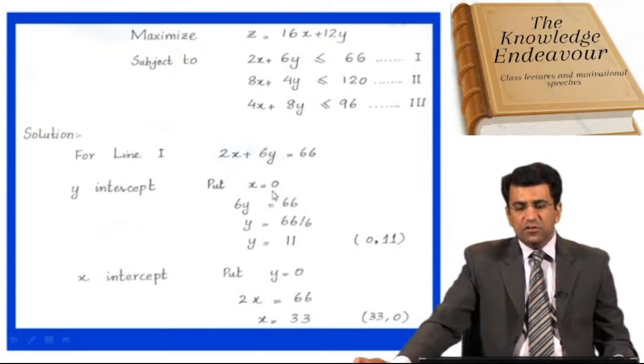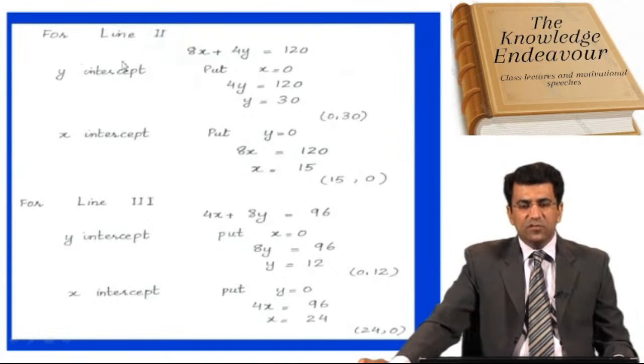If you put x is equal to 0, we will get y is equal to 11. If we put y is equal to 0, we get x is equal to 33. So we get the 2 points, that is 0, 11, the y-intercept, and 33, 0, the x-intercept. These are the points for equation 1.